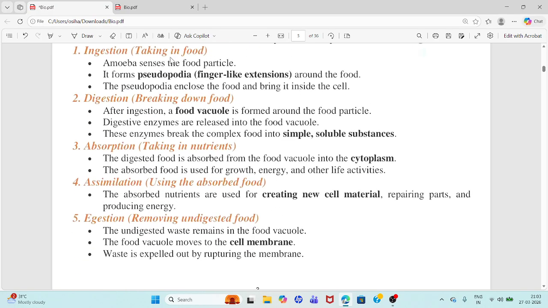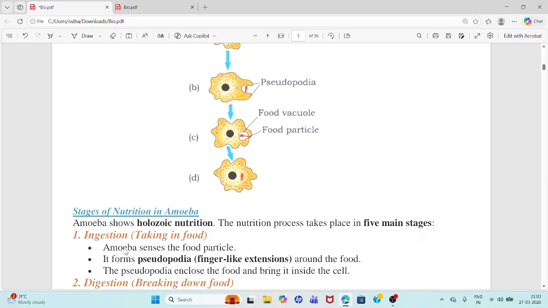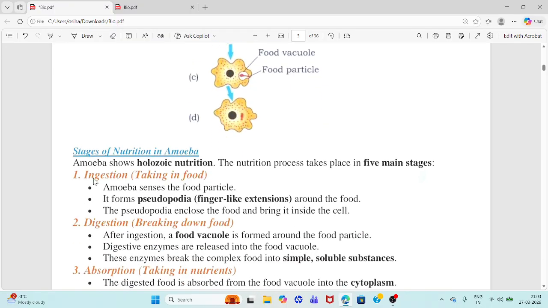Ingestion means taking in food, digestion means breaking down food, absorption means taking in nutrients, assimilation means using the absorbed food, and egestion means removing undigested food. These are the five stages. First stage, ingestion, taking in food.